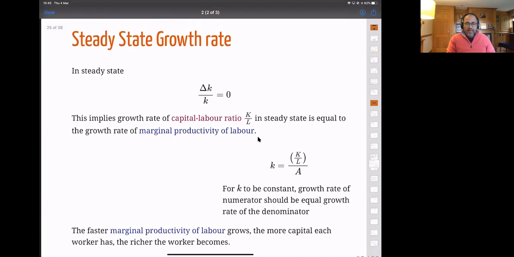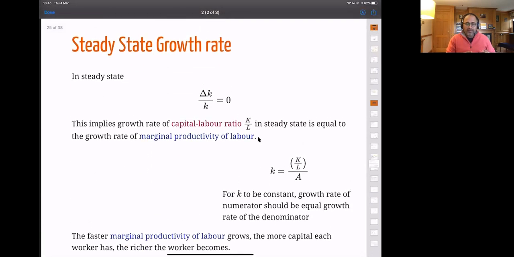But here's something that's kind of within the weeds, which is very useful. So remember that we have worked this out in terms of small k, which is capital stock per effective worker.